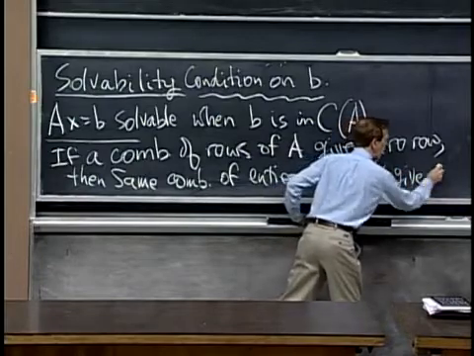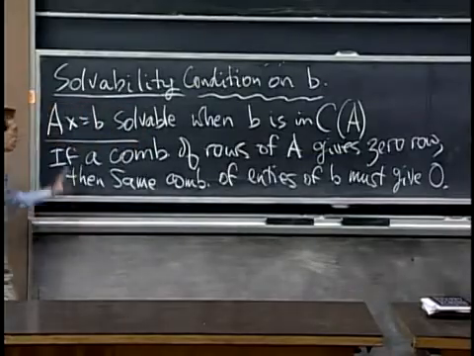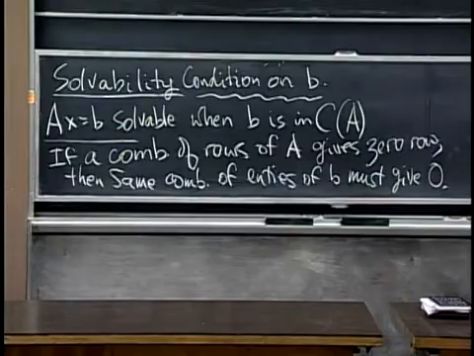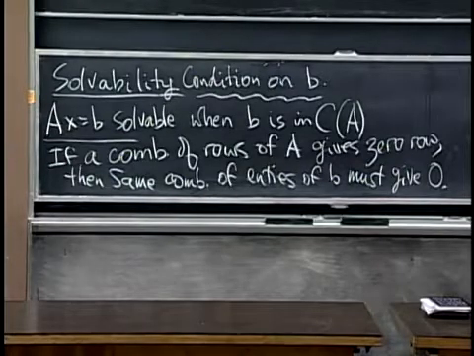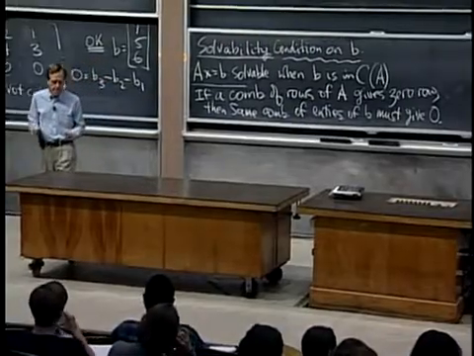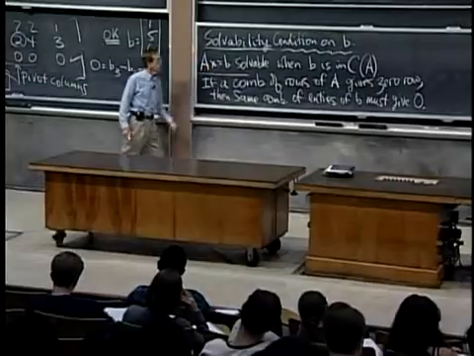And this isn't the 0 row, that's the 0 number. OK. This is another way of saying, and it's not immediate, that these two statements are equivalent. But somehow they must be, because they're both equivalent to the solvability of the system.